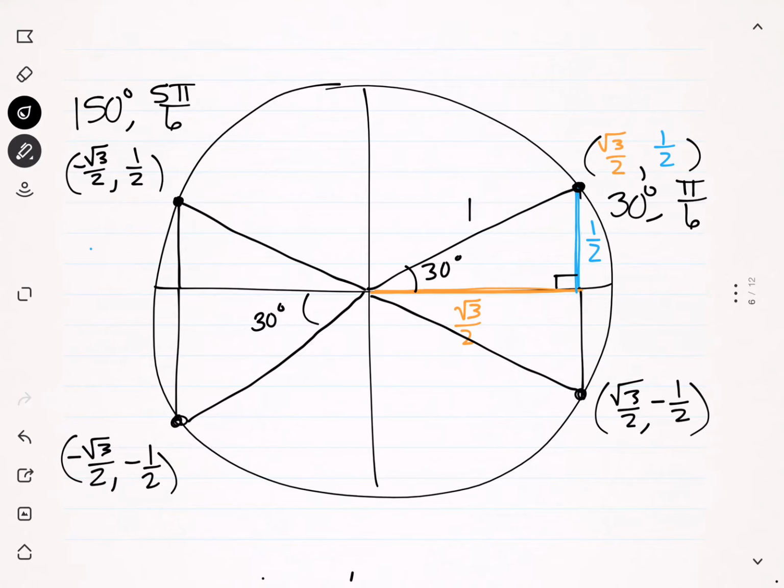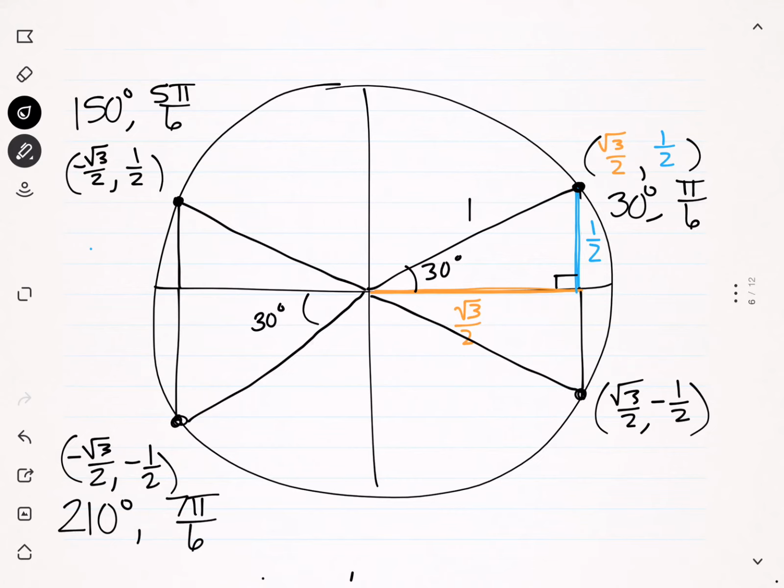Now, when we look at quadrant 3, we're 30 degrees past the x-axis. So that means 30 degrees more than 180 degrees would put us at 210 degrees. And 30 goes into 210 7 times. So that would be the same thing as 7 pi over 6 radians.